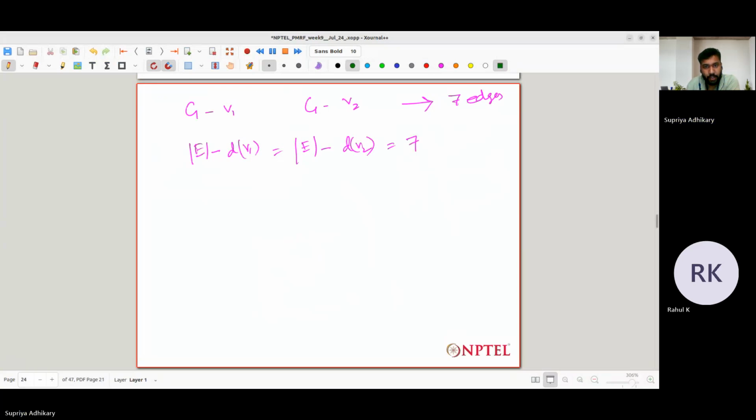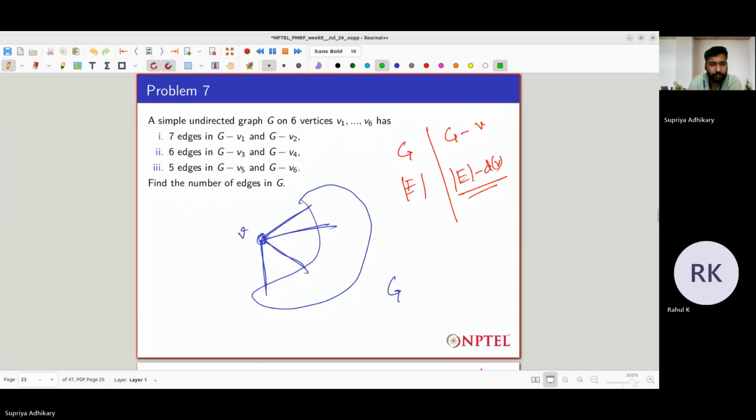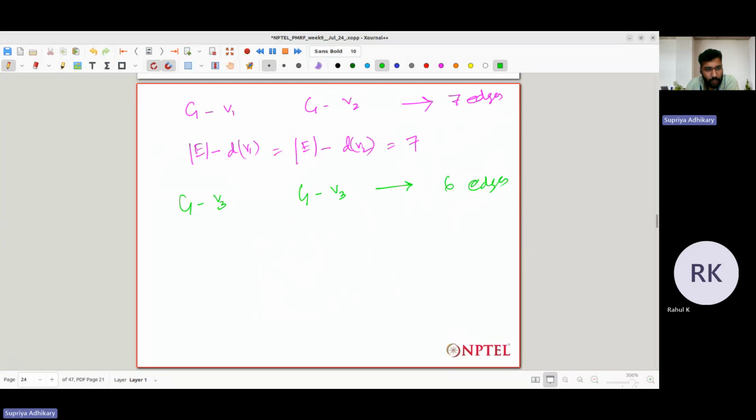Similarly, G minus V3 and G minus V4 both have 6 edges, which implies that |E| minus degree of V3 is equal to |E| minus degree of V4, both 6.